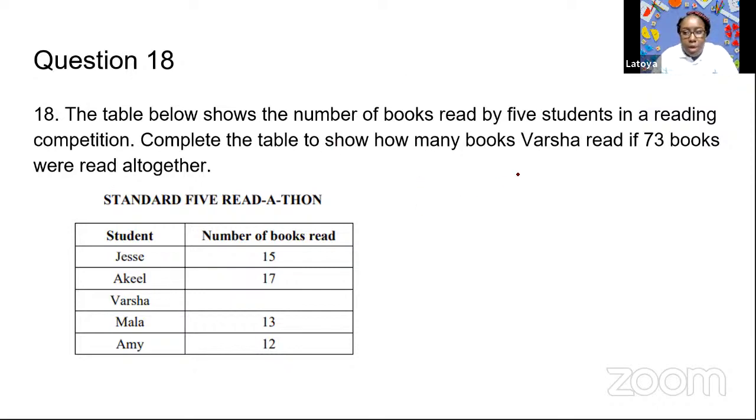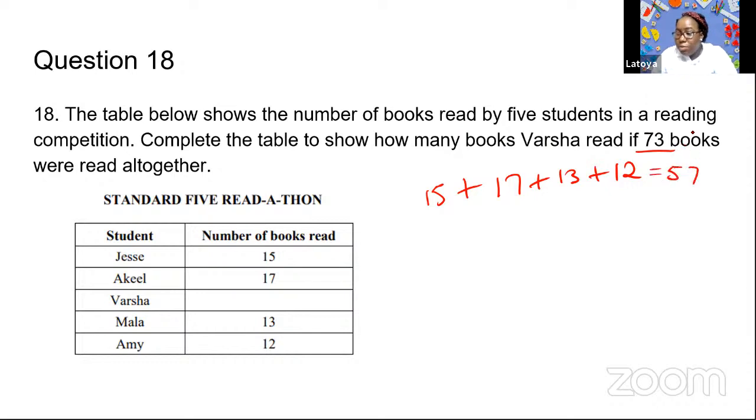So if a total of 73 books were read, then how many books did Vasha read? All we need to do is add 15 plus 17 plus 13 plus 12, and we are going to get 57.